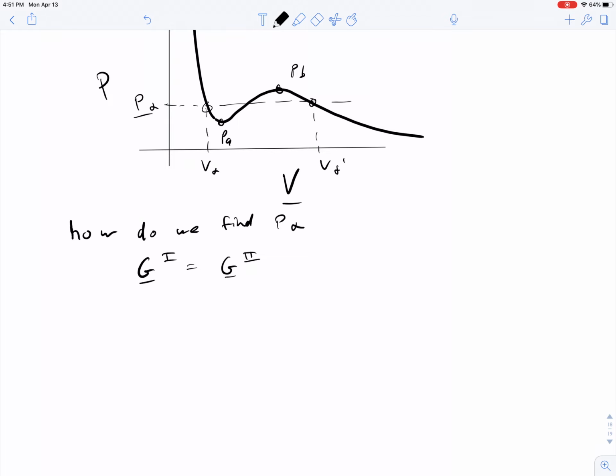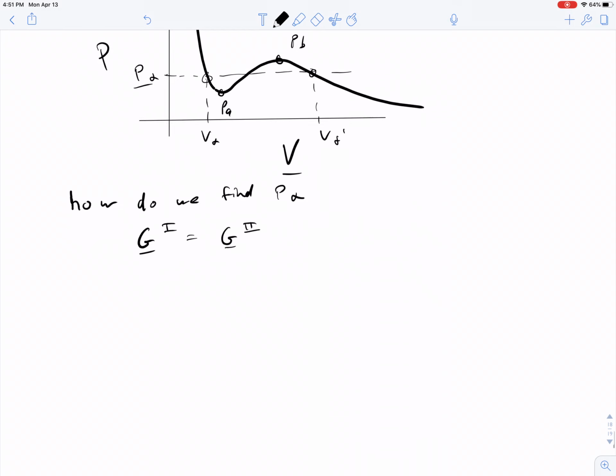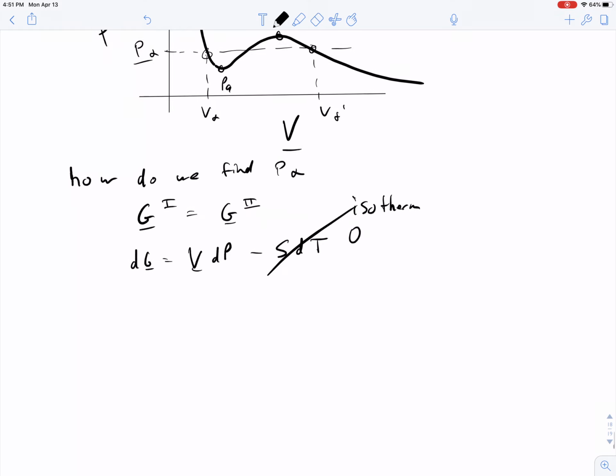We'll start with the simplest version of the differential Gibbs energy equation, which is the small change in Gibbs free energy is equal to V times the small change in the pressure minus S times the small change in temperature. But remember, we're on an isotherm, so this term is gone.